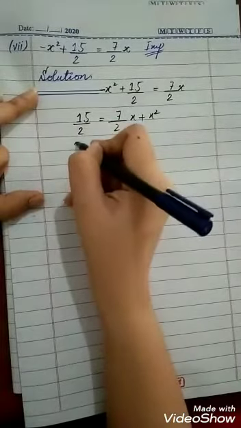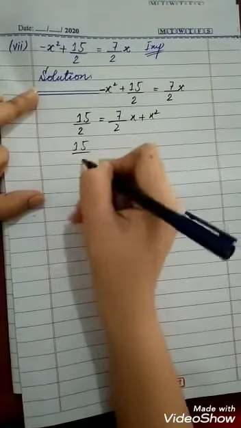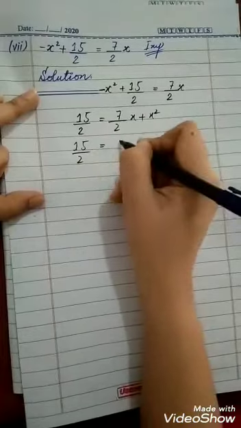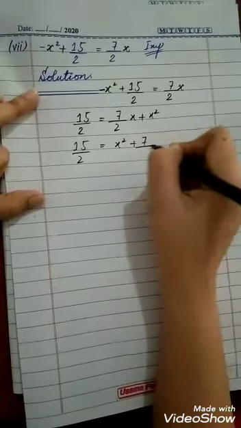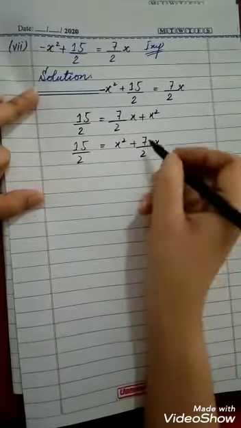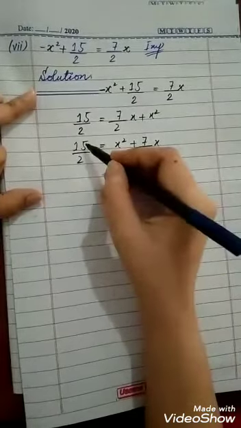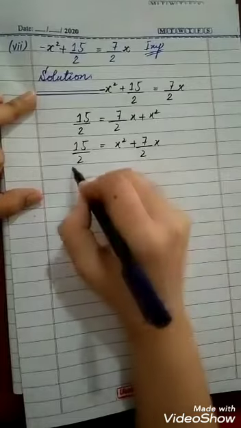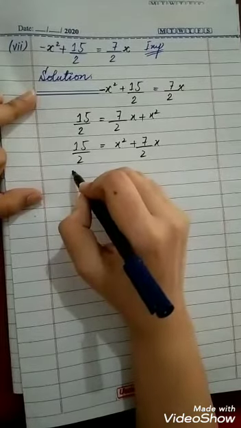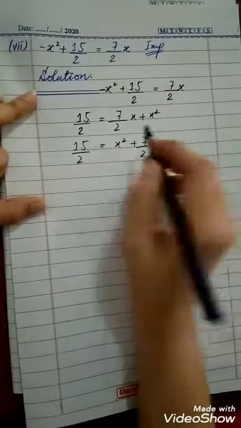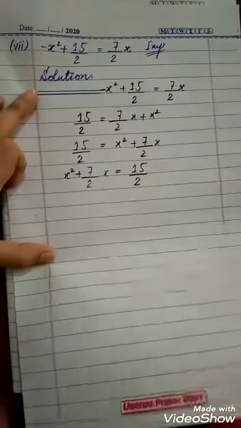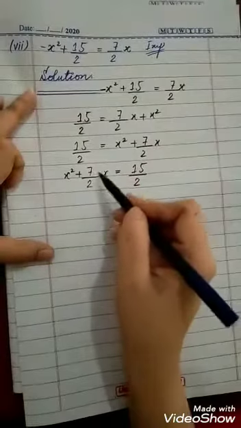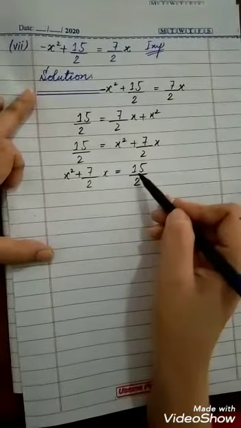Now we will arrange it again. x square plus 7 by 2 x is the left hand side, and that is the right hand side. If we write it here or there, it doesn't matter, no difference will be there.